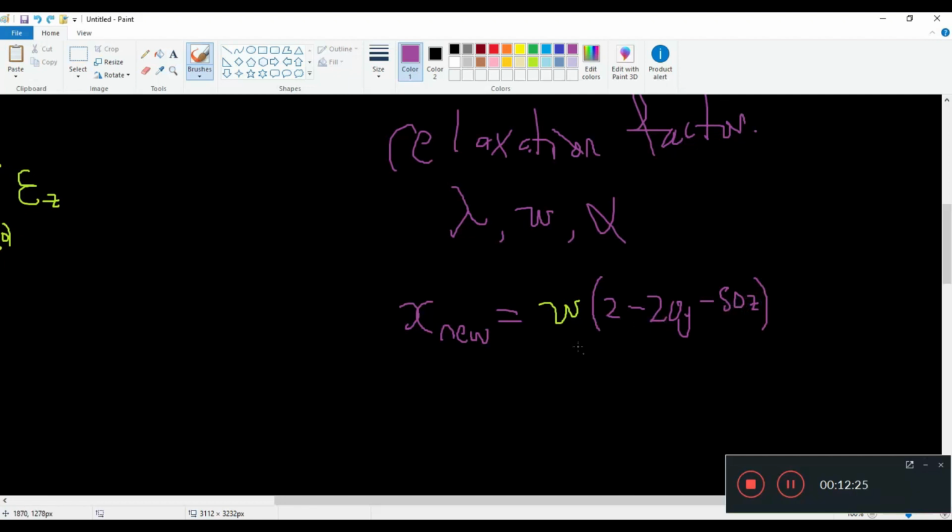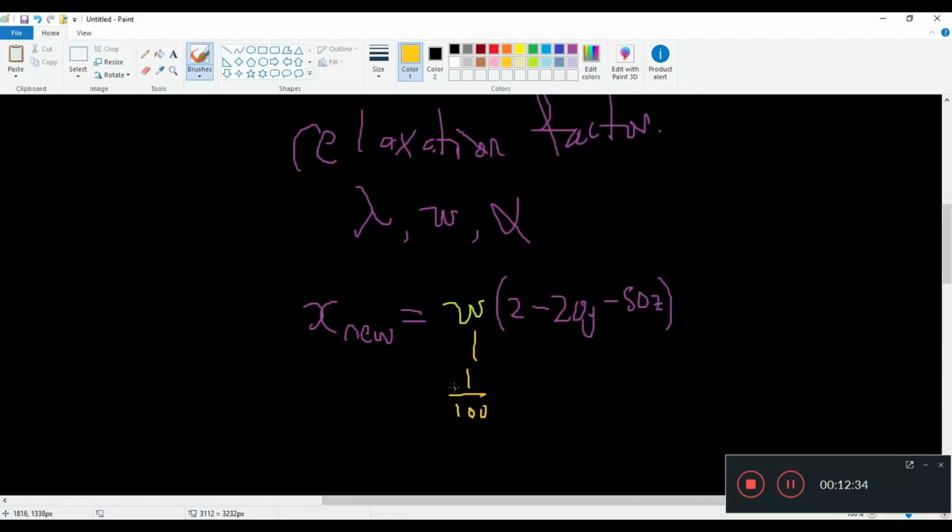So let's say omega becomes 1 over 100. If I make omega 1 over 100, what can that do for us? This will be multiplied into 20 and become 0.2, which makes the y stable, and it can be multiplied into 50 to make it 0.5 to make the z error stable.